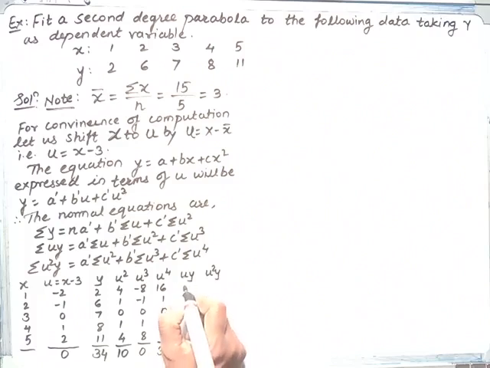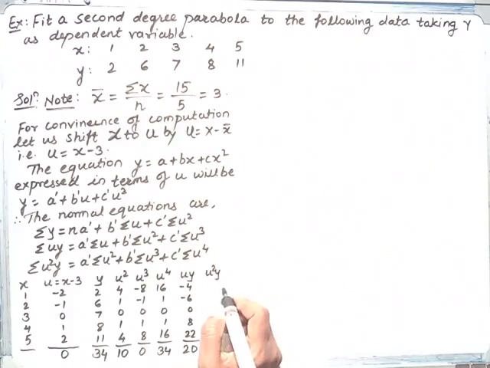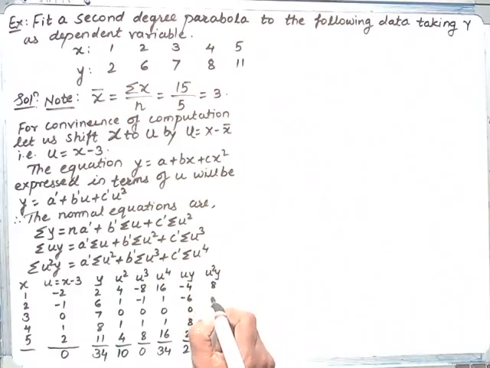Then u into y: minus 4, minus 6, 0, 8 and 22. And that sum is 20. Now u square y is 8, 6, 0, 8 and 44. And that sum is 66. So this is all about the table.